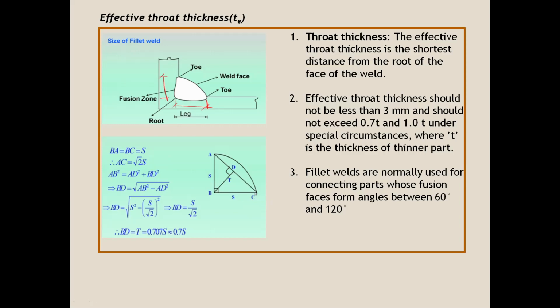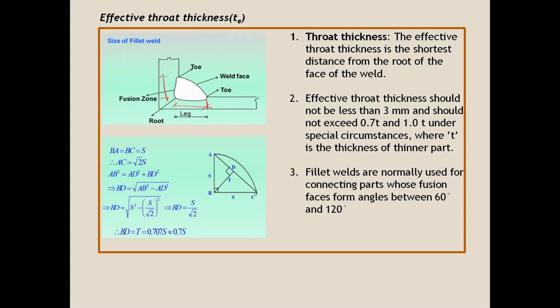AB square is S square and AD square is taken as S by root 2 whole square. Finally, BD equals S by root 2, which is T. You know the value for 1 by root 2 is 0.707, finally 0.7 capital S.